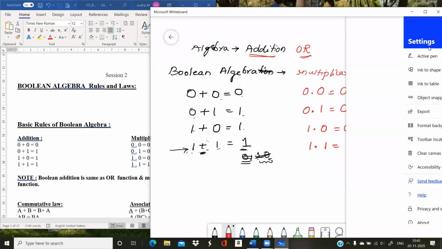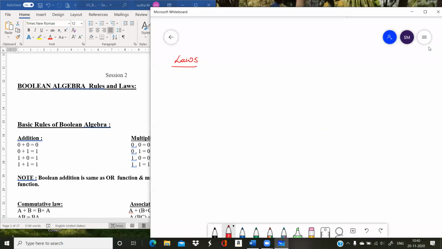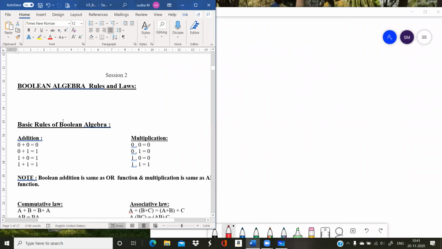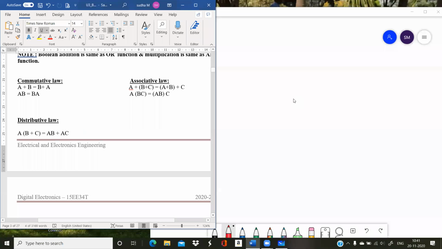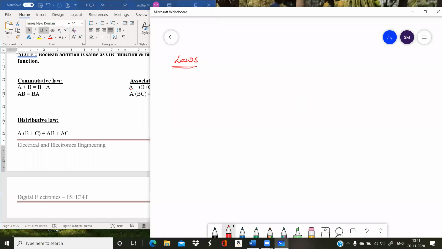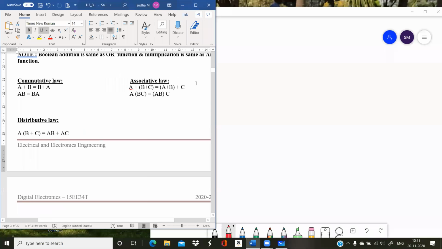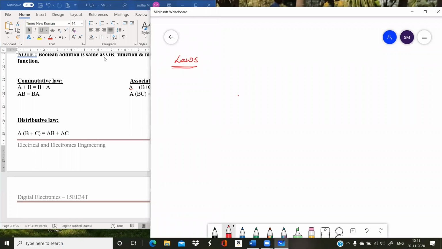Next, some of the laws. Some of the laws in Boolean algebra. The first law is the commutative law.